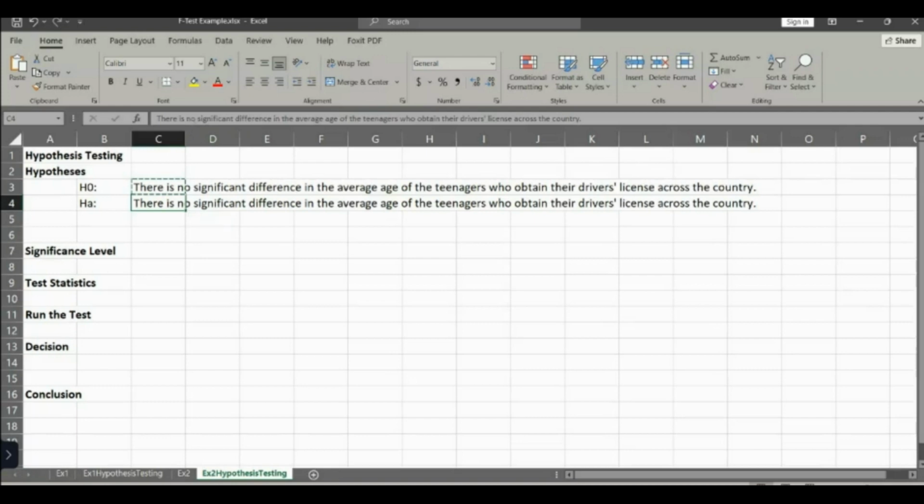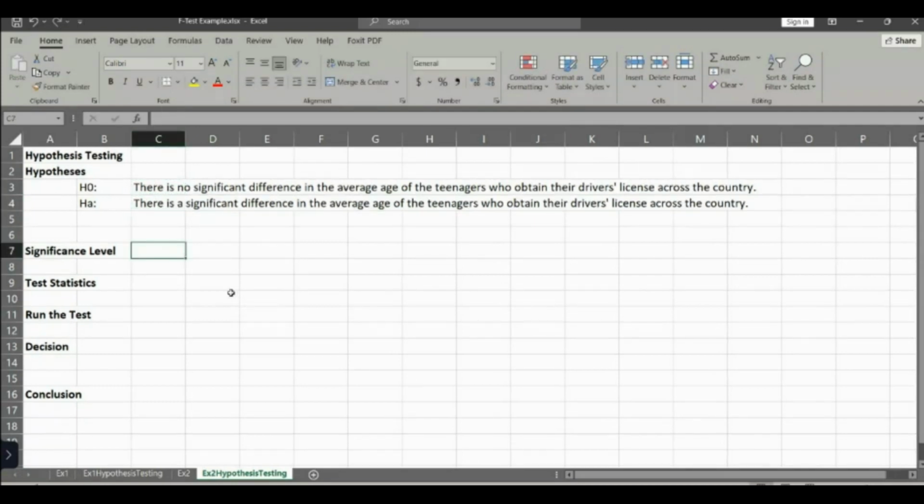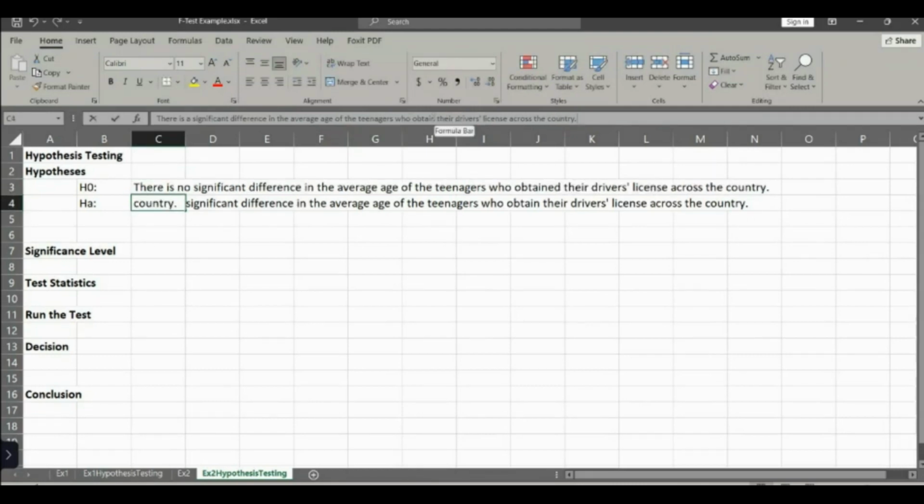Okay, there is a significant difference in the average age of the teenagers who obtained their driver's license across the country. Okay.